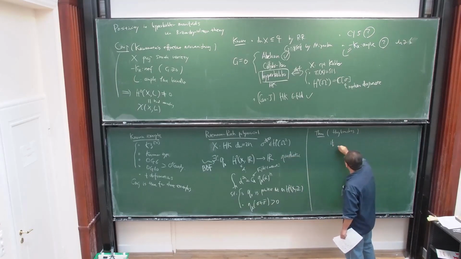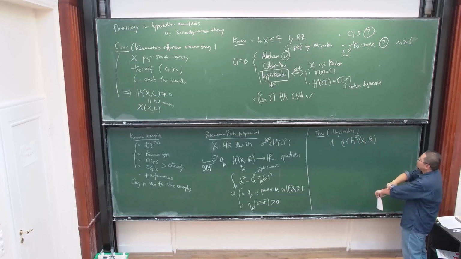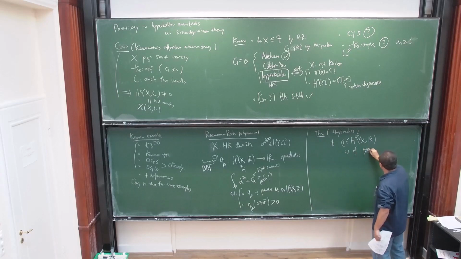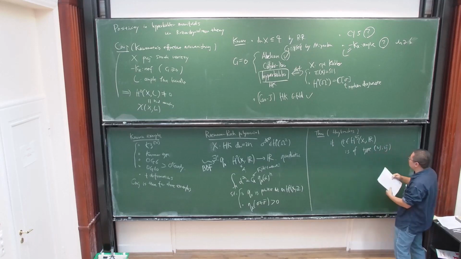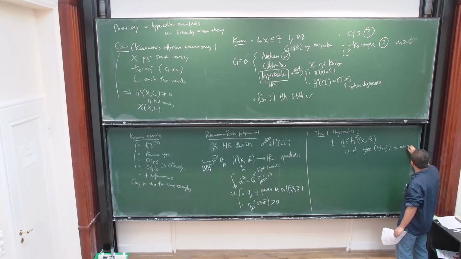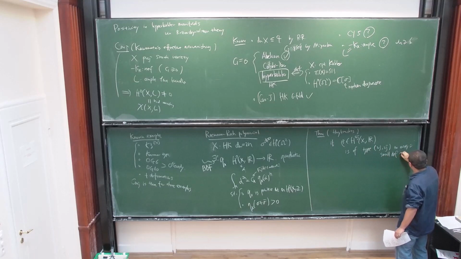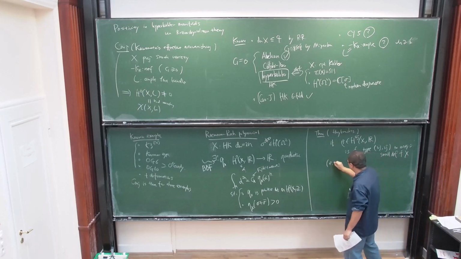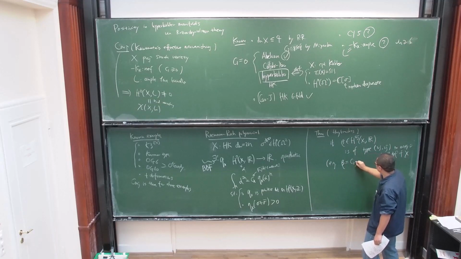So if this class beta, so we take a beta inside H4j of X, which is of Hodge type 2j, 2j on every small deformation of X. For example, here what we have in mind is just when we take beta to be, say, the Chern class c2j, right?